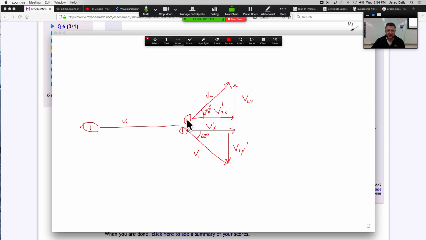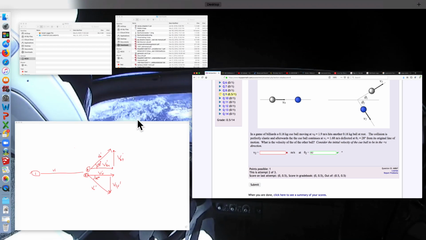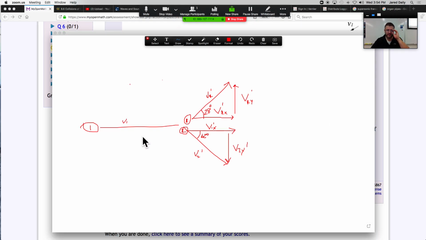They say this is actually ball 1. So this one's ball 1, and this one's ball 2. So we change all these to velocity 1, velocity 1, velocity 1, and make this one velocity 2. Right? So anyway, but still I got the angles right, I think. Yeah, I got the angle right.